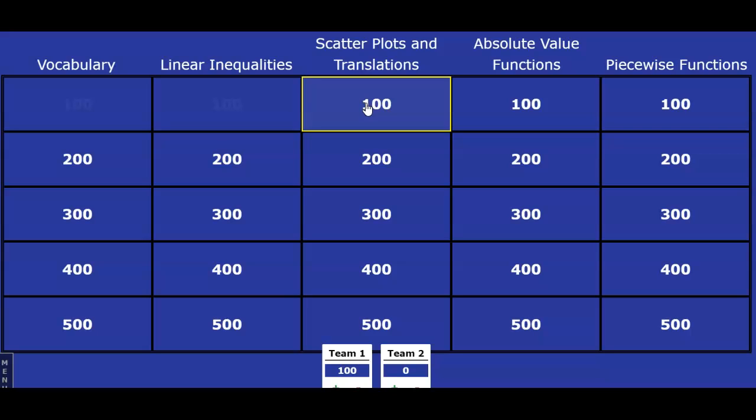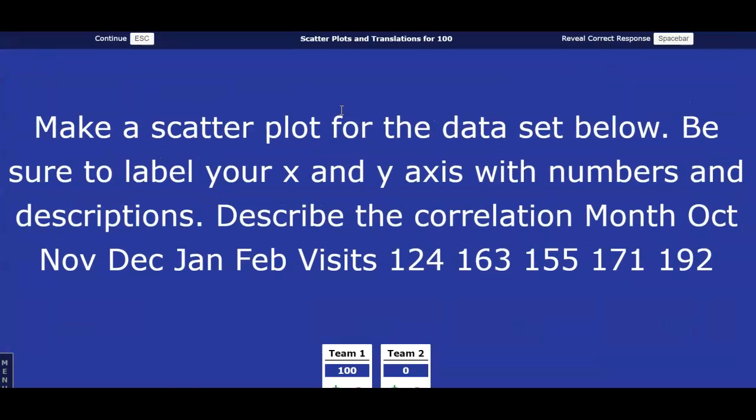Okay, Isabella and Nick. Okay, create a scatter plot. So draw an X and Y axis. For the months of the year, start with October is 1, November is 2. And then visits will be your Y. So again, you need to know your range.